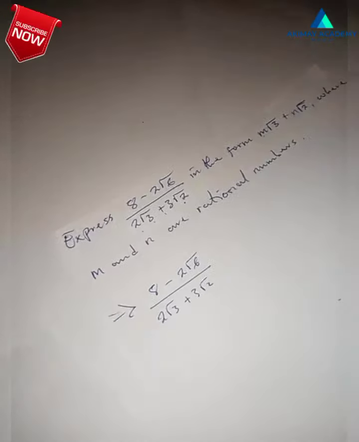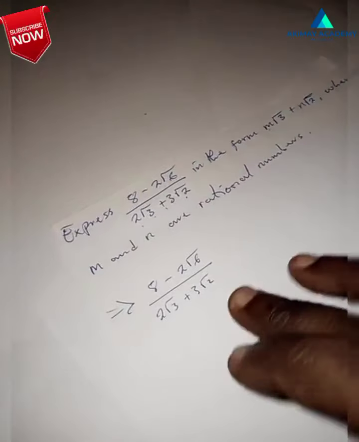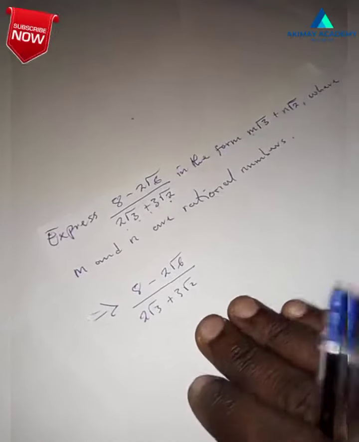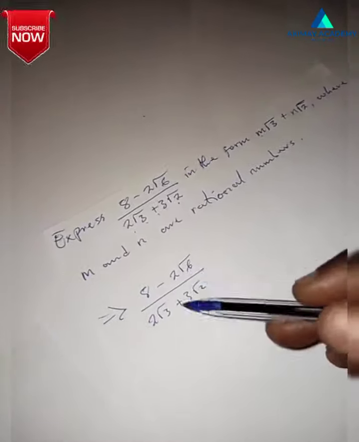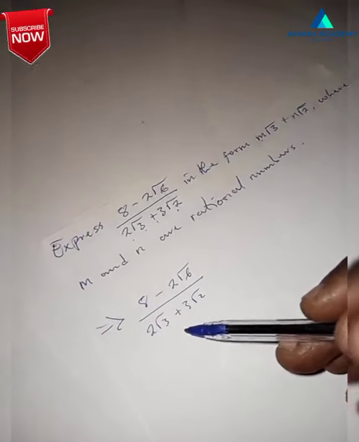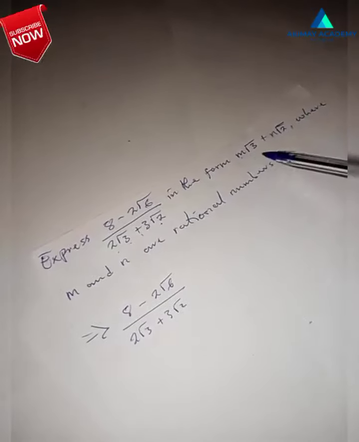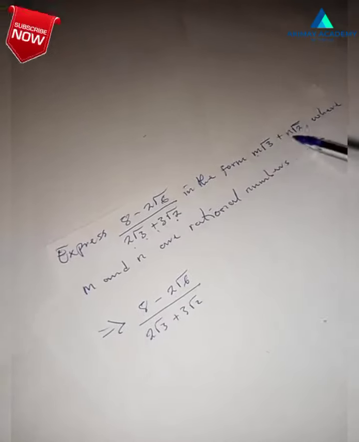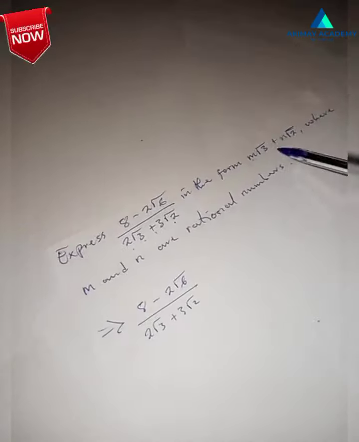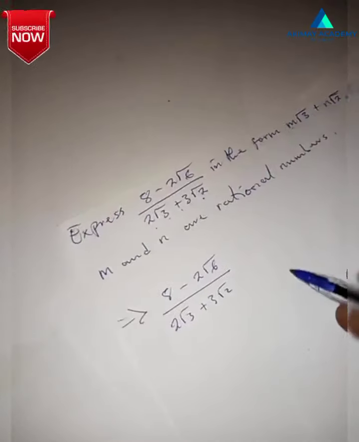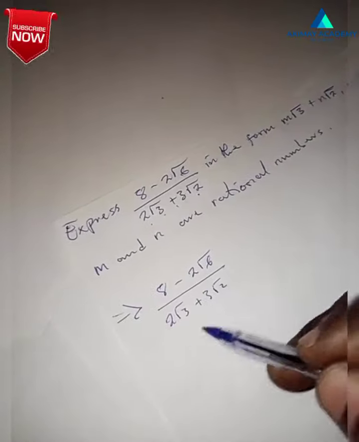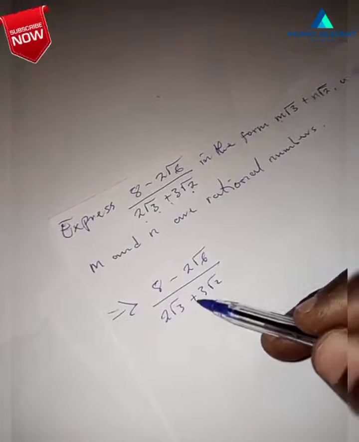Okay, so at this point, what do we do? We simplify this. When you do it well, at the end of the day, we are going to arrive at what they are asking for, the expression they gave us over here. So here, the denominator is also in surd form.